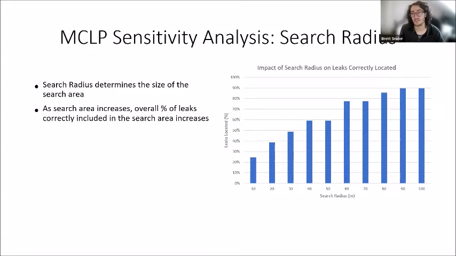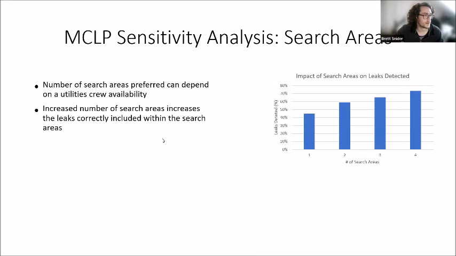And then using this information, if we still wanted a higher degree of accuracy, we would predict more search areas. So that's the next analysis. As we increase the number of search areas, obviously the number of leaks correctly identified or located will increase as well.